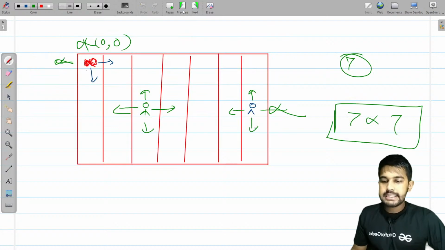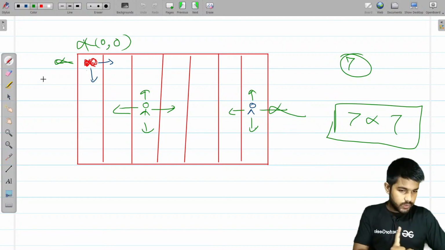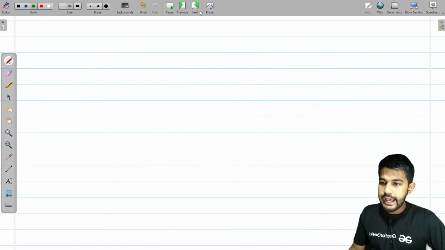Moving forward. The next thing which needs to be explained is that I would be relaxing every point. What does Dijkstra mean? Suppose this is a graph itself.